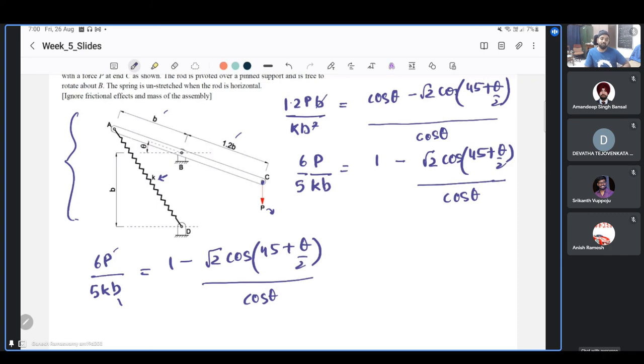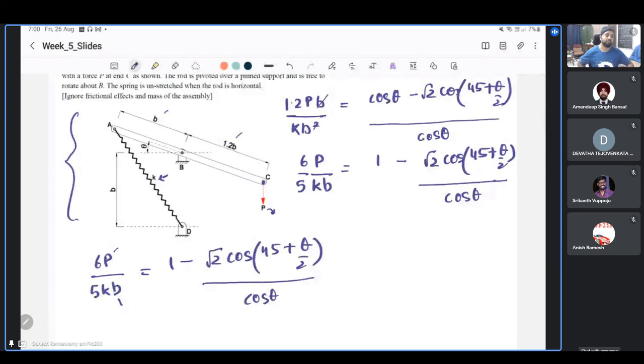So that is the application part of this. So when we design some components or machines, combination of components with springs, what is the spring stiffness we should choose such that we get the desired results is something principle of virtual work empowers us to do.